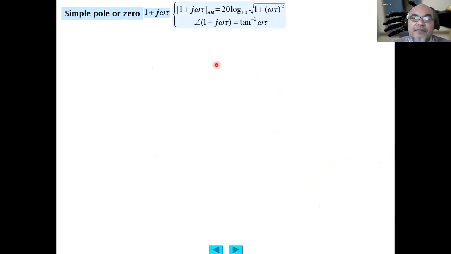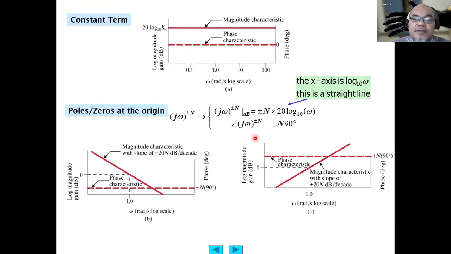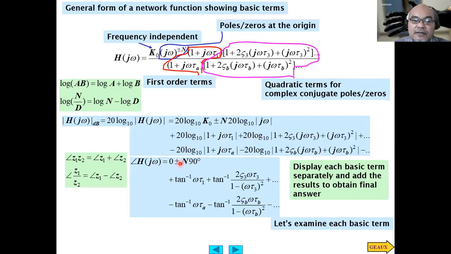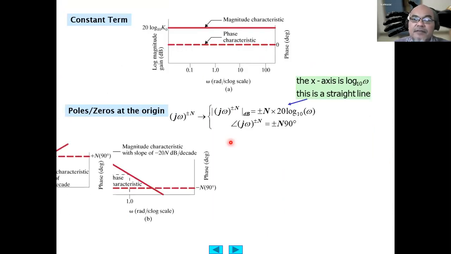pole or zero, 1 plus j omega tau in decibels equals 20 log of the magnitude of 1 plus j omega tau.